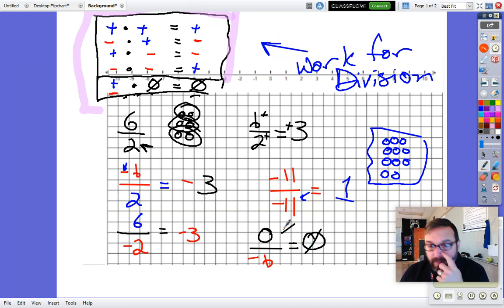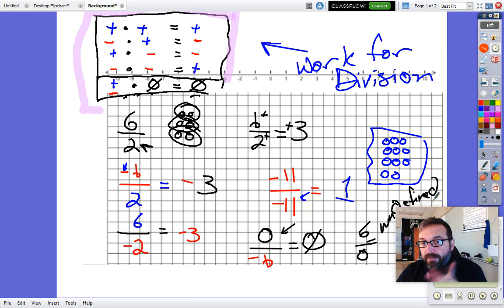Remember, this is okay. 6 divided by 0 is undefined. And I'm going to run out of room. We can't divide by 0, but 0 can be divided.